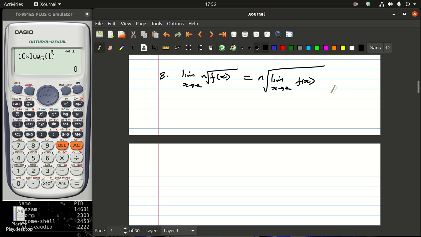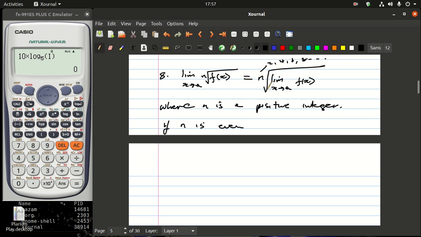Of course, here we always say that n is a positive integer. Now suppose n is even, so it's either 2, 4, 6, 8, and so forth.